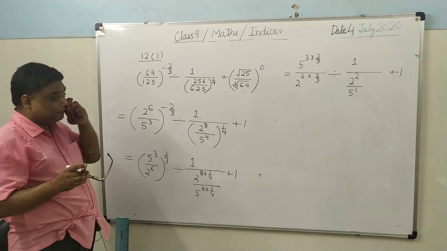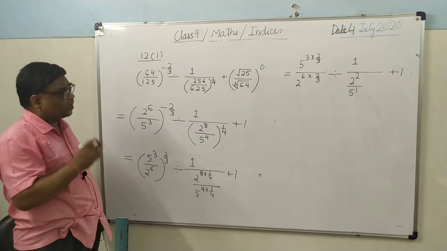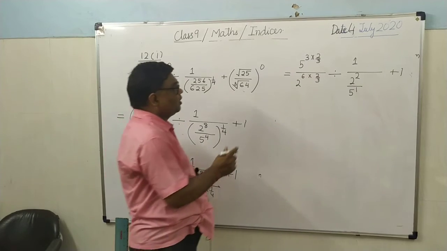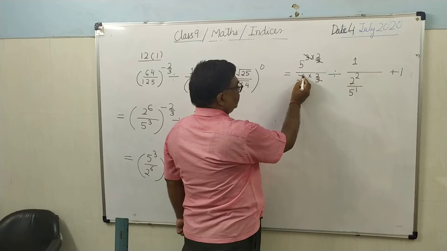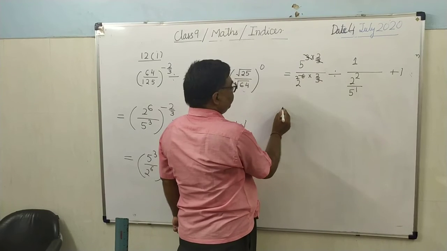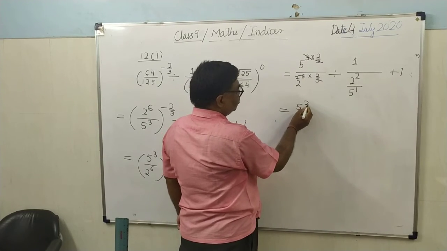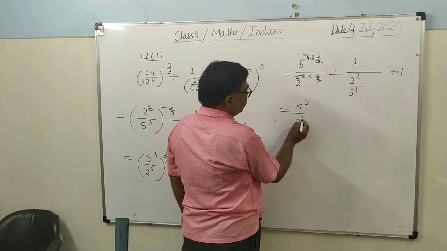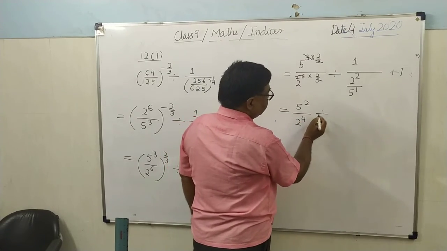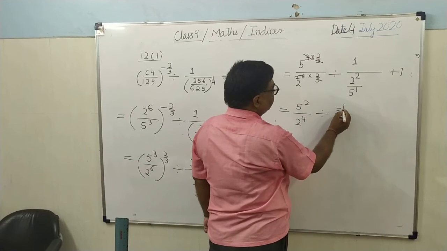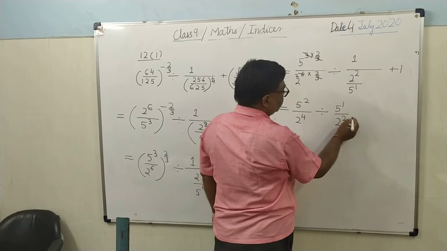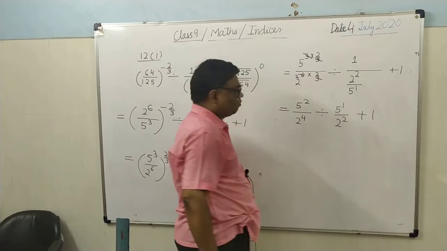Now see here. Now you further simplify. On further simplifying, this cancels. This is 3 2s. So 5 to the power 2 upon 2 to the power 4, divided by, it will invert and multiply, 5 to the power 1 upon 2 square, plus 1.